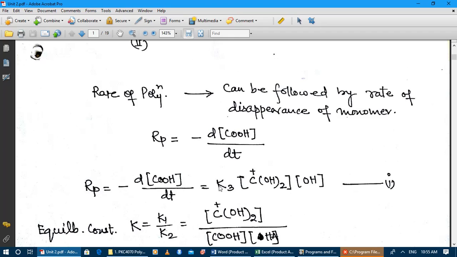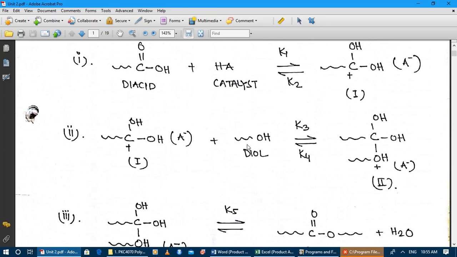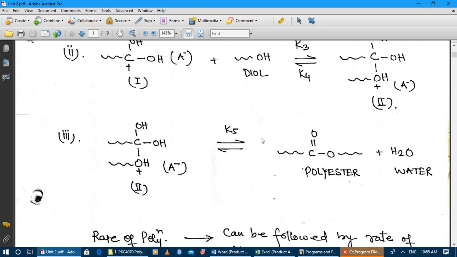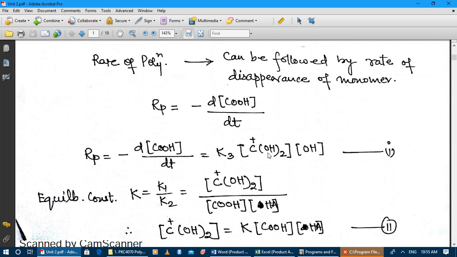So rate constant K3 multiplied by the concentration of species 1 multiplied by the concentration of the hydroxyl group. Why hydroxyl group? Because this is the diol which is reacting with species 1.